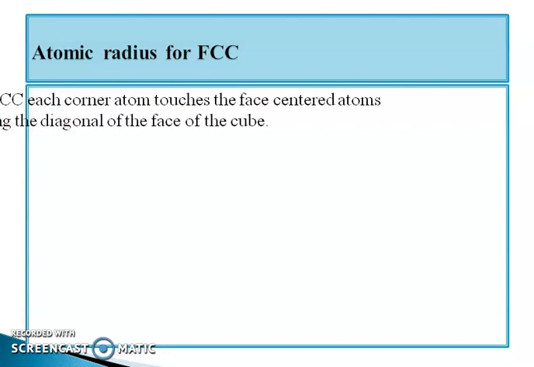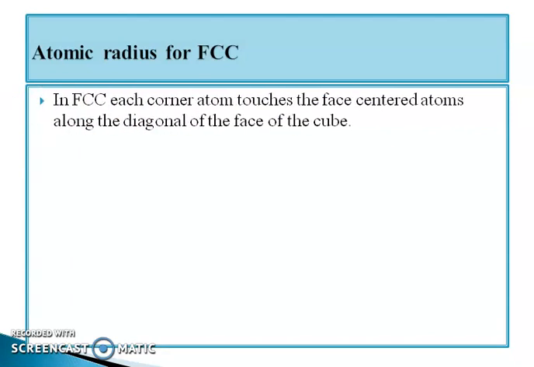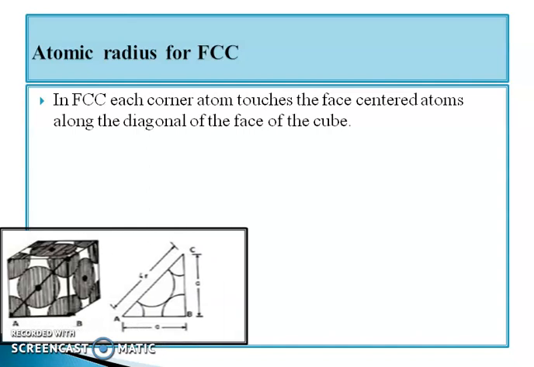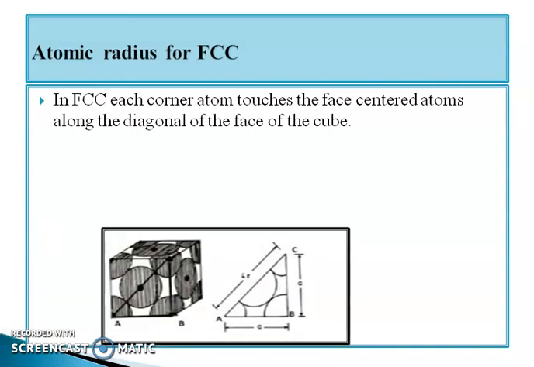In face-centered cubic structure, each corner atom touches the face-centered atom along the diagonal of the face of the cube. See in the figure, we are observing that this is the face-centered atom and it is touching these corner atoms along this diagonal.